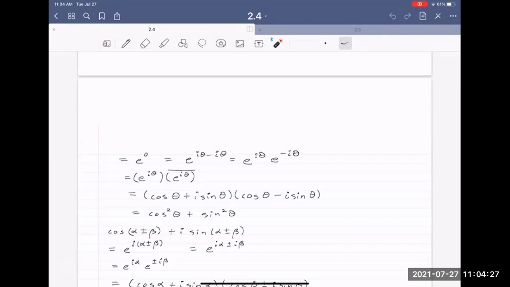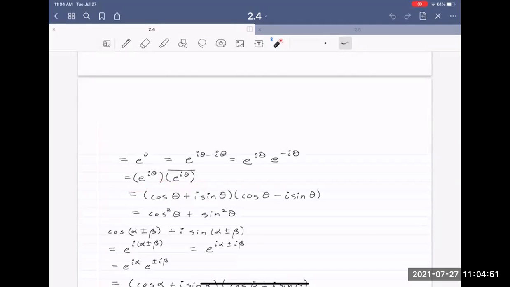But e to the 0 is the same as e to the i theta minus i theta. The i thetas cancel. So this is equal to e to the i theta times e to the minus i theta. And so this is equal to e to the i theta times the complex conjugate of e to the i theta.